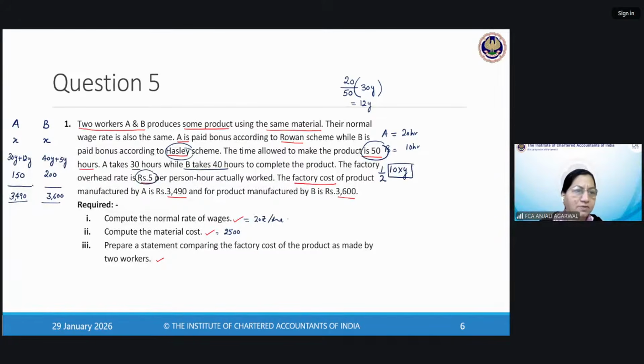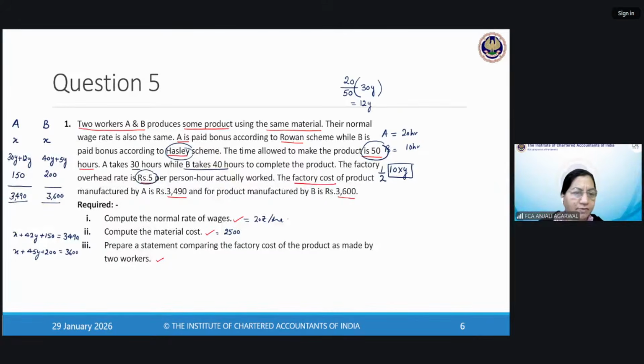So when you have two variables and two equations, this becomes x plus 42y plus 150 is equal to 3490. And the second equation is x plus 45y plus 200 is equal to 3600.